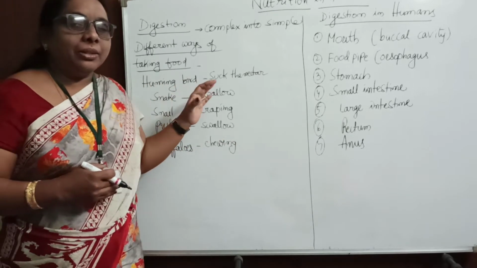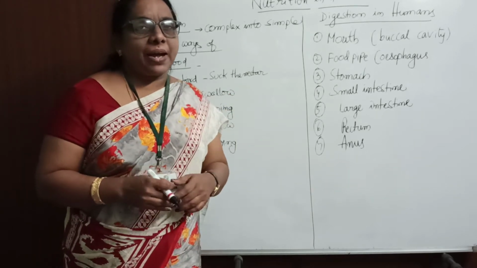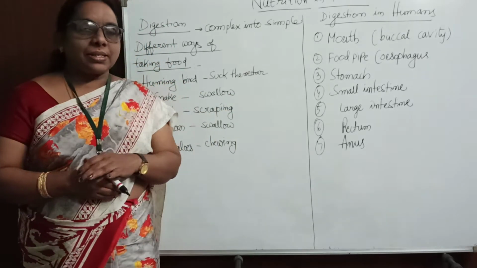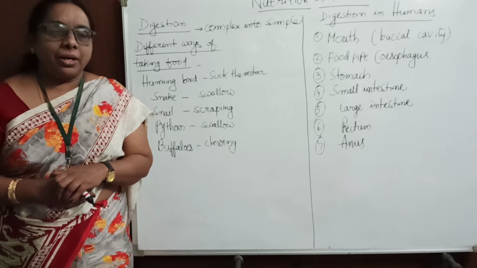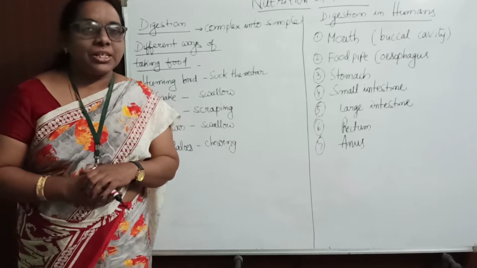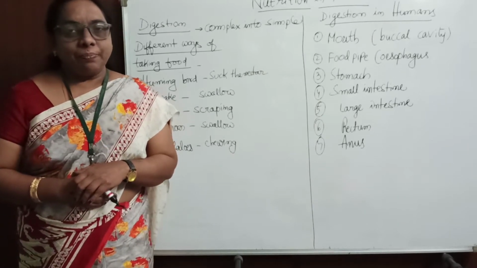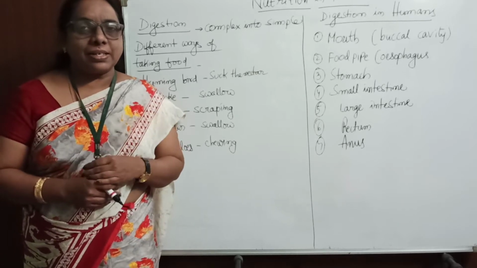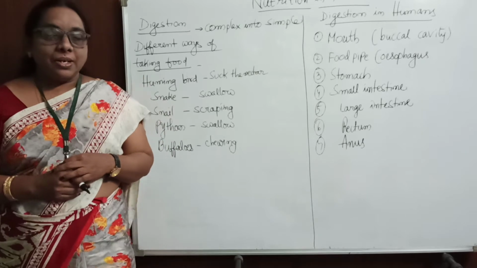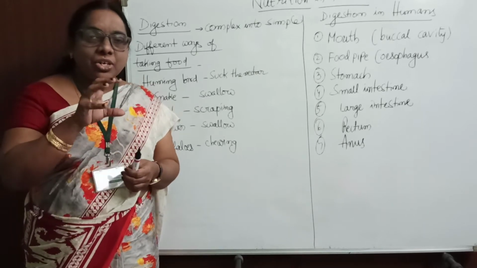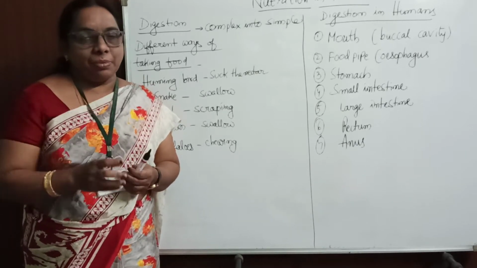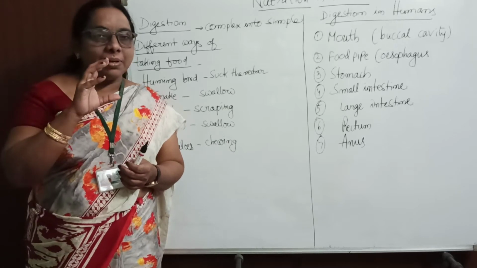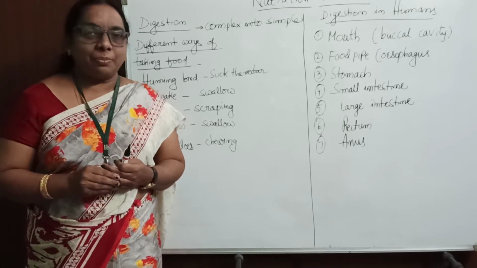Here is one more interesting fact. If you see the starfish, I hope you are all aware of it. The starfish is an invertebrate, and how it takes food is an interesting fact. A starfish eats shelled animals, and the shell of this animal is made up of calcium carbonate.